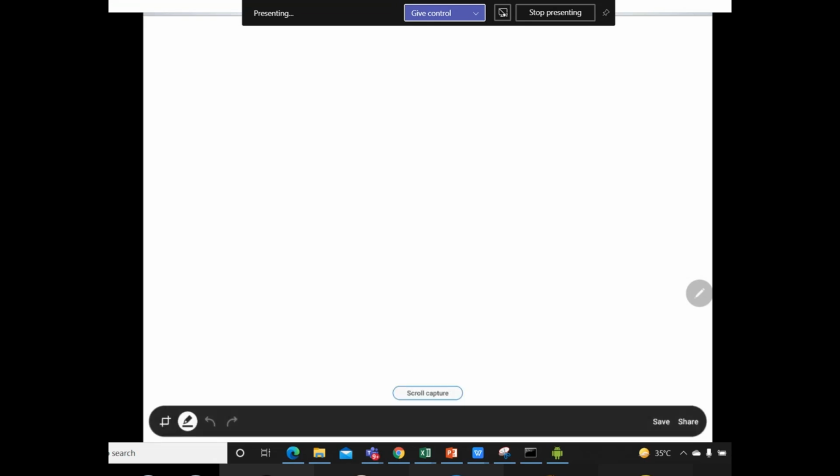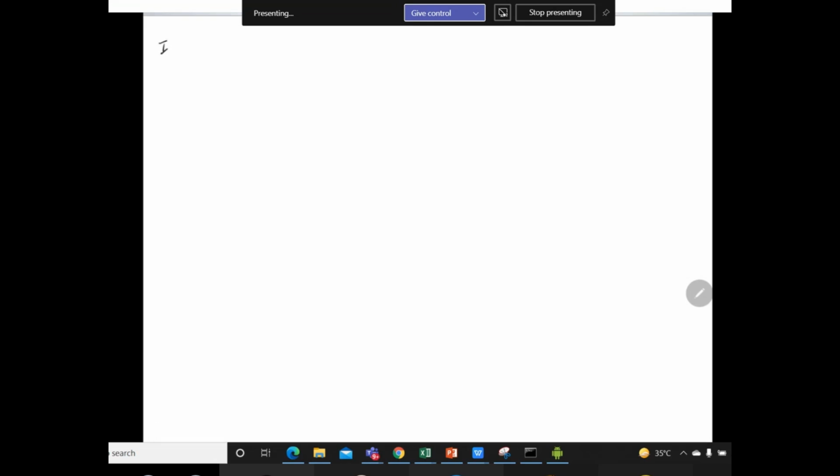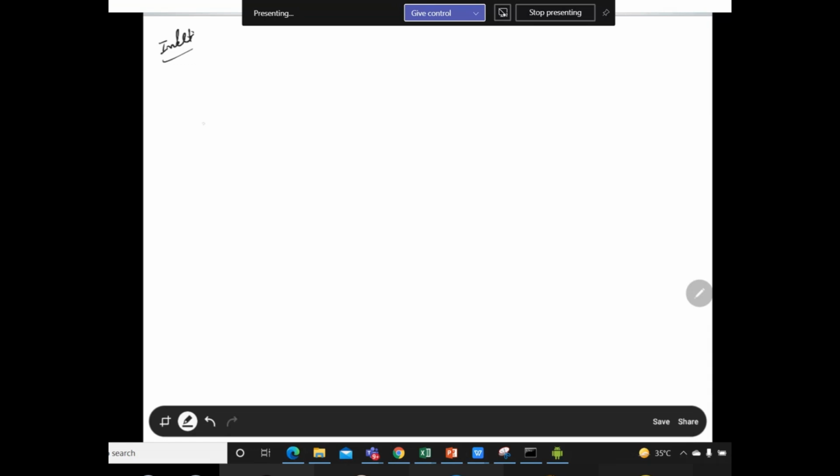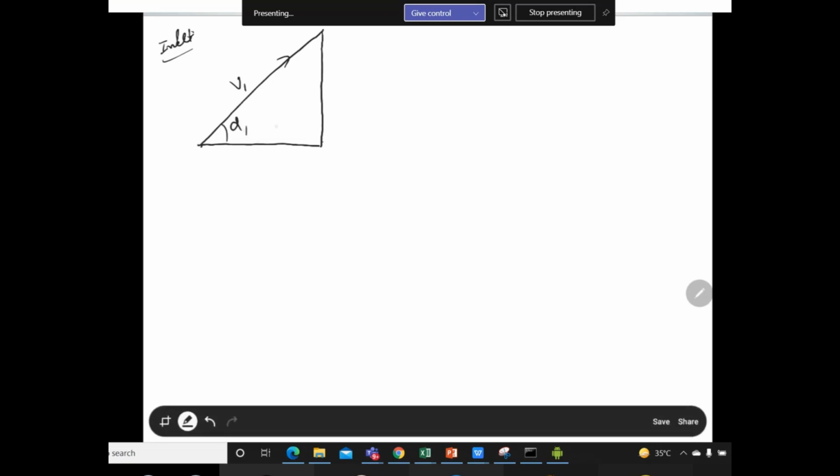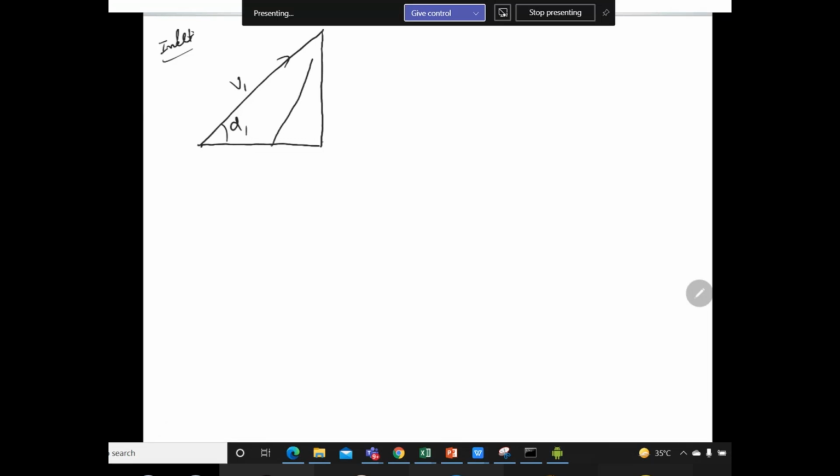For the combined velocity diagram, I will quickly draw the inlet velocity diagram. The inlet velocity diagram we have already developed. This is your V1, this is your alpha 1, which is the nozzle angle, and then there is the relative velocity.